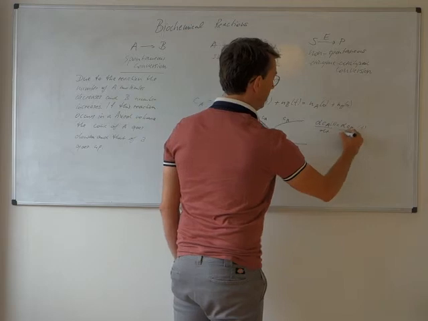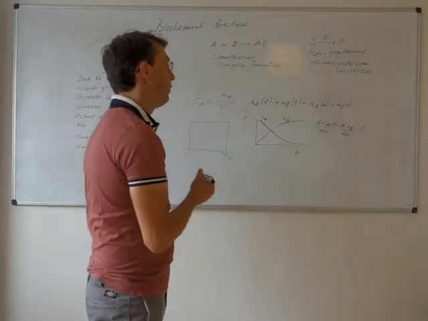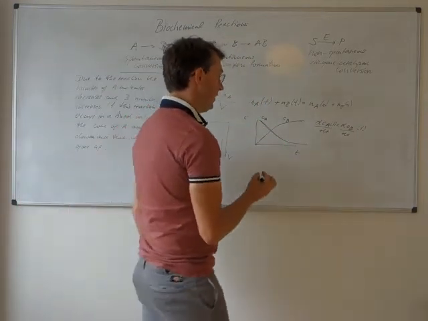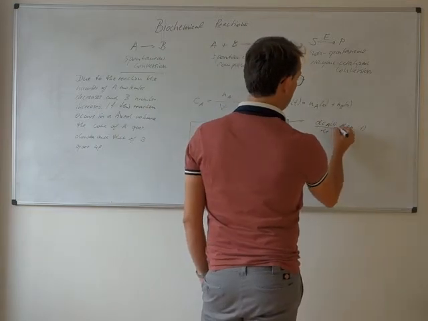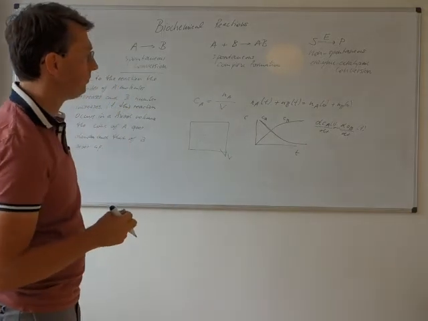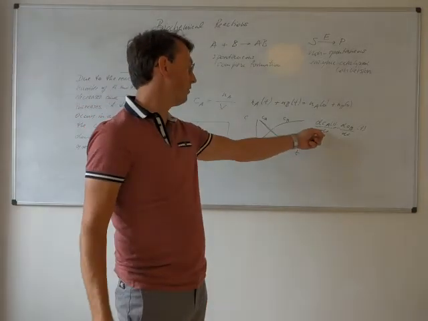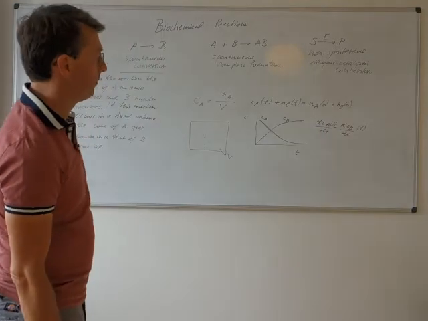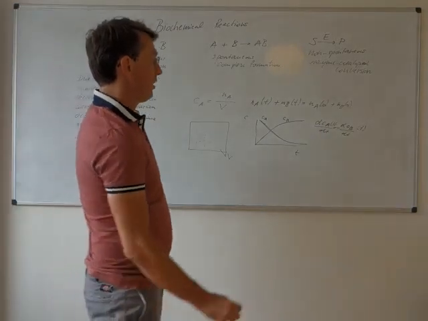The change in A and B per unit time is always going to be equal. One decreases, the other one increases, so there's a minus. If this one goes down, it's minus, the other one is positive. Okay, so we know that too.